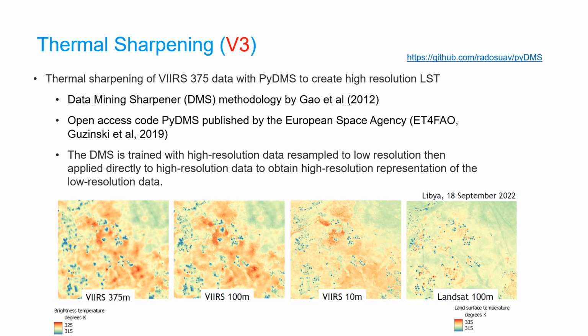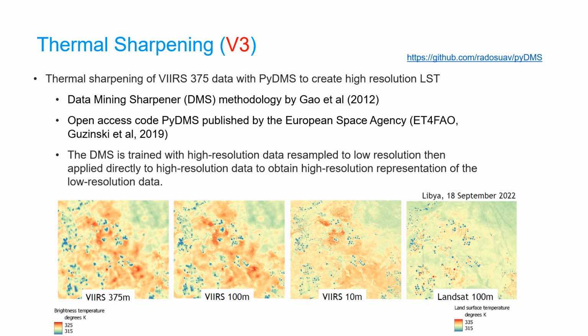An approach called a data mining sharpener is implemented to create high resolution LST. This approach is implemented using an open access library called PyDMS, published by European Space Agency and produced as part of a project called ET4FOW.